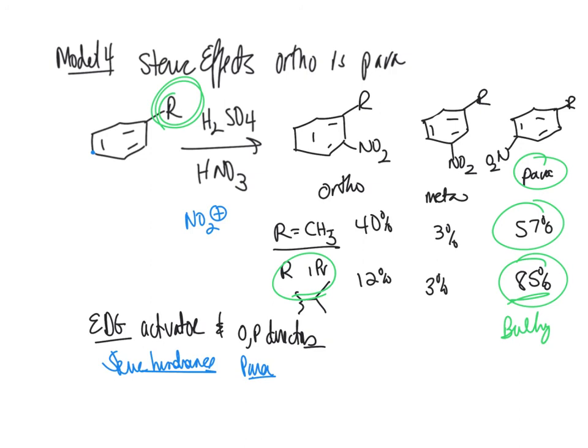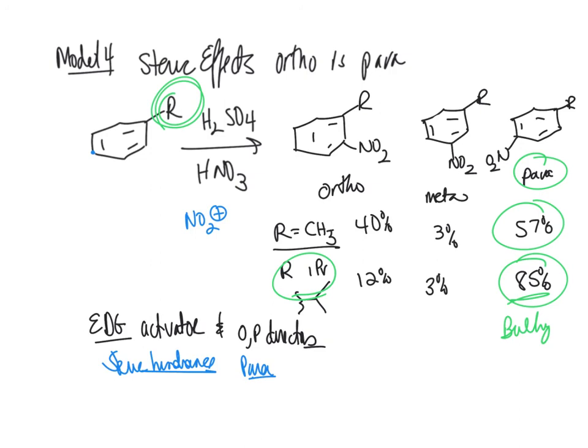Looking at your problems, you have additional problems, and it says to draw the major organic products in each of the following reactions. So I need you to do that. And then it says on 15, draw the mechanism for each of the above reactions. So that means you're going to have to draw your major products, and then show your mechanism.